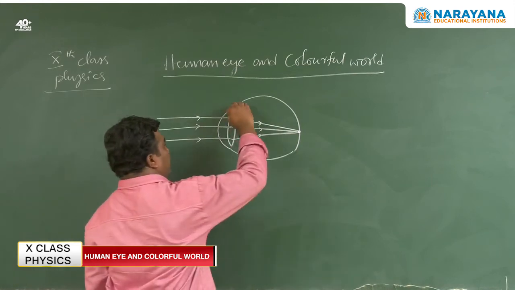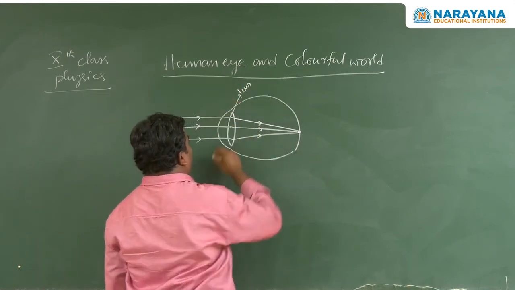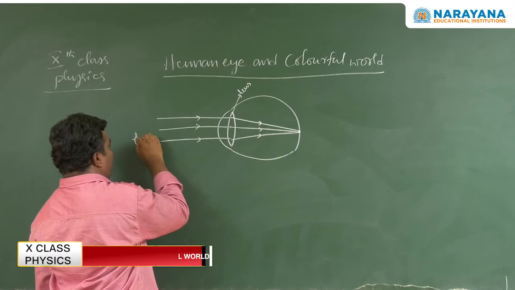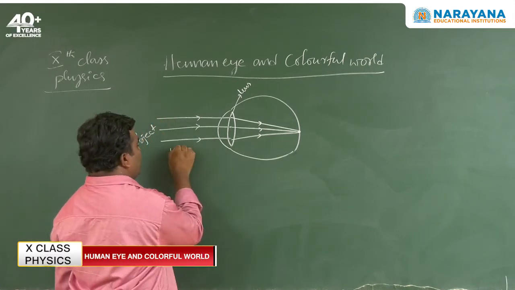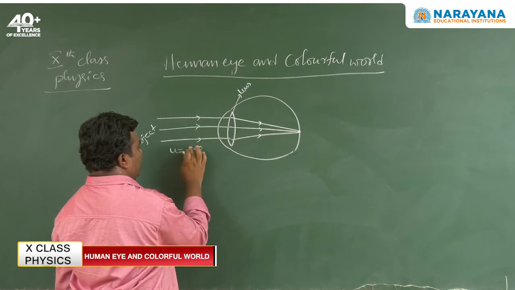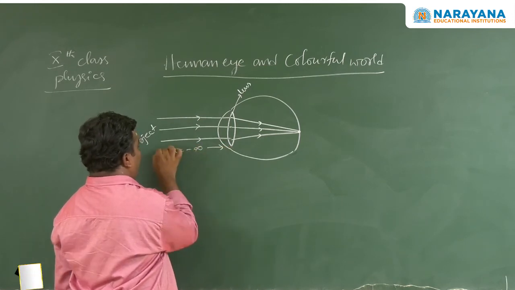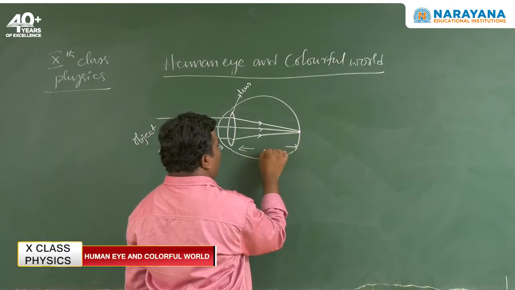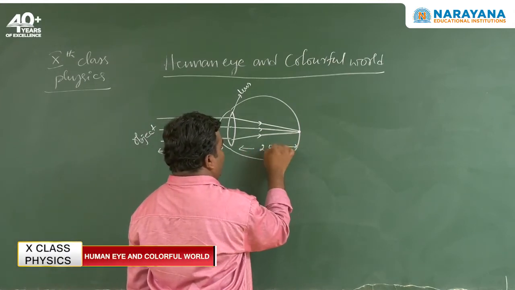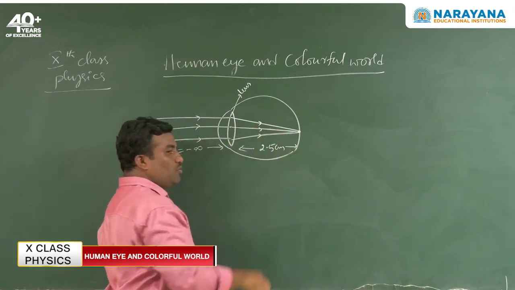It is the lens, and the object is at infinity distance. Where is the image formed? Between the lens and the retina, at 2.5 centimeter.